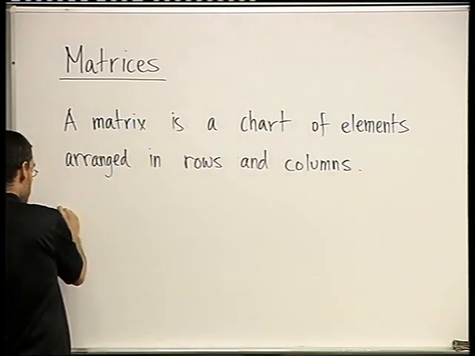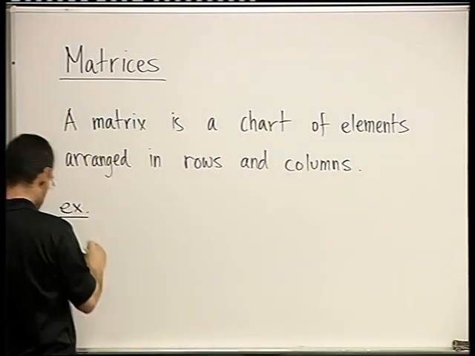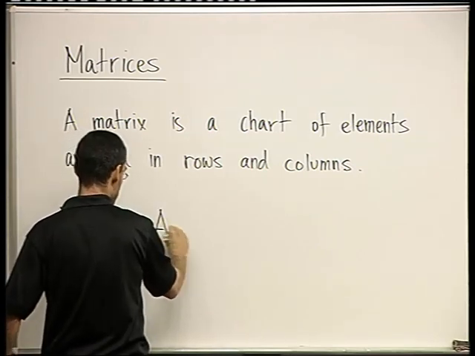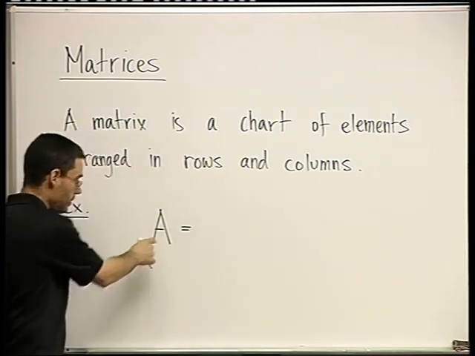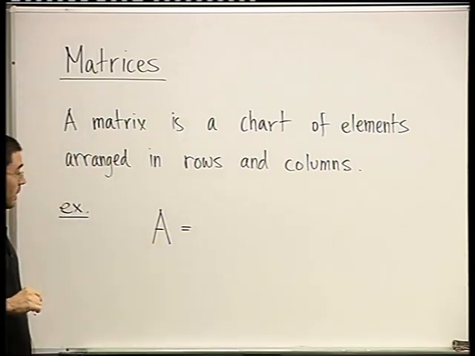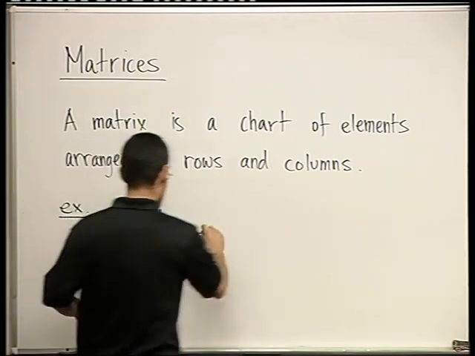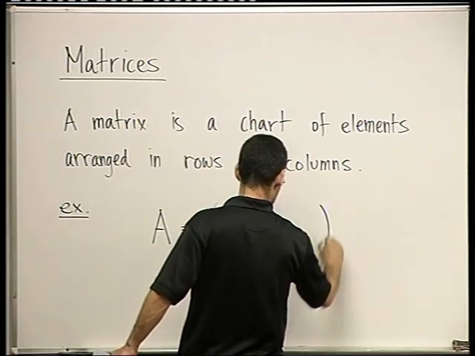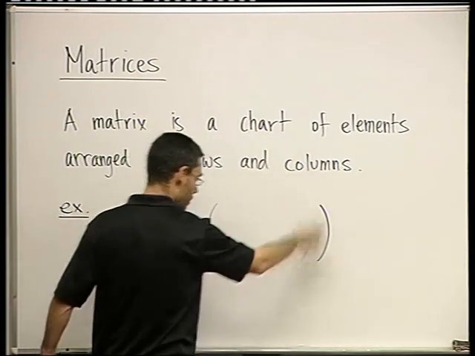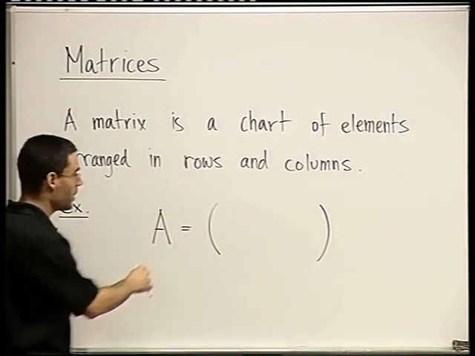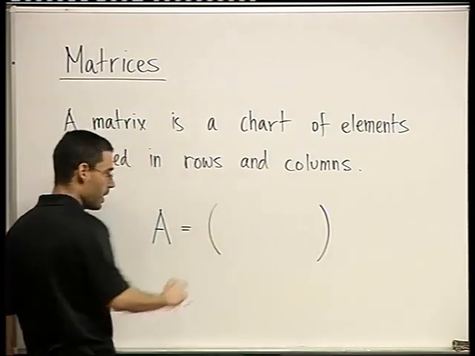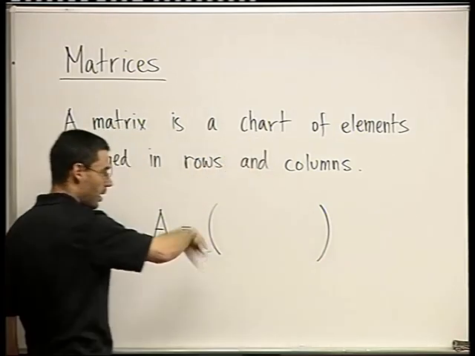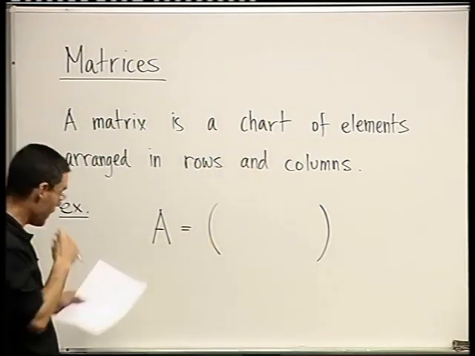So, for example, here's a matrix, A. Matrices usually come with names which are capital letters, A equals, and the notation we're usually going to use is, for the chart, we're not going to draw a square with these entries, but rather we're going to just draw some parentheses in the correct size.